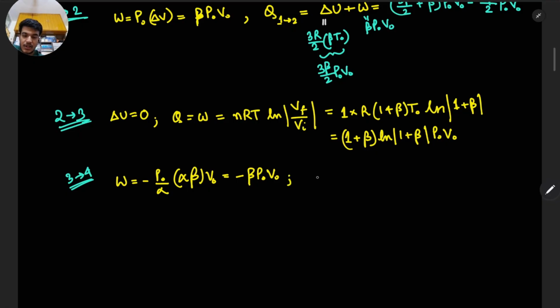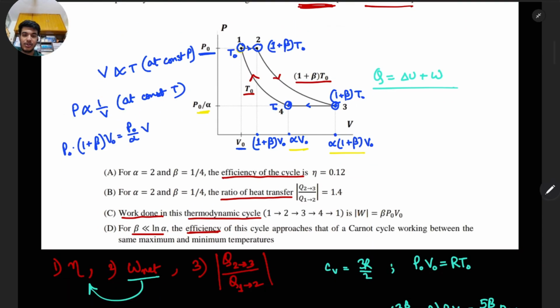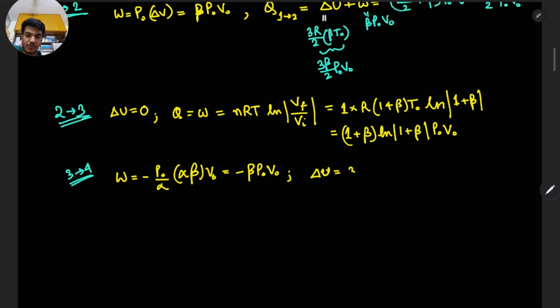And similarly, I can write delta U in this step as nCV del T, and del T is also negative because the temperature is reducing. So it is minus beta T naught, and CV del T is 3R by 2 into minus beta T naught, and RT naught is P naught V naught, so minus 3 beta by 2 P naught V naught.